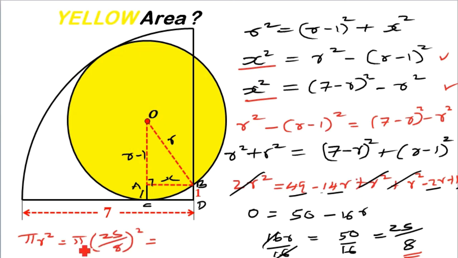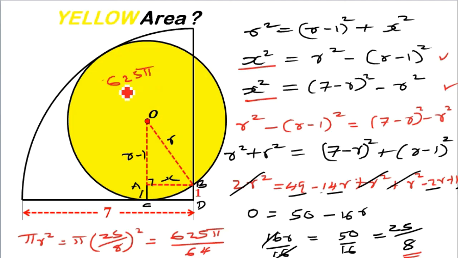So 25 over 8 squared times pi, you get 625 pi over 64. 8 squared is 64, 25 squared is 625, then times pi. So, ladies and gentlemen, the area of the yellow region is 625 pi over 64.